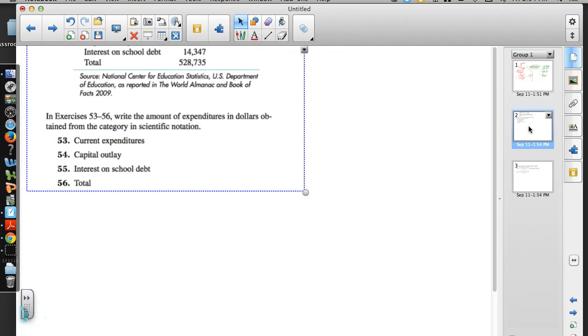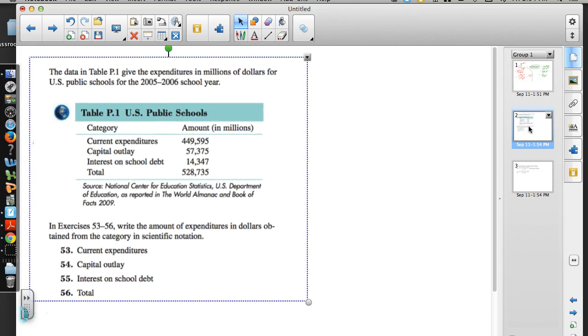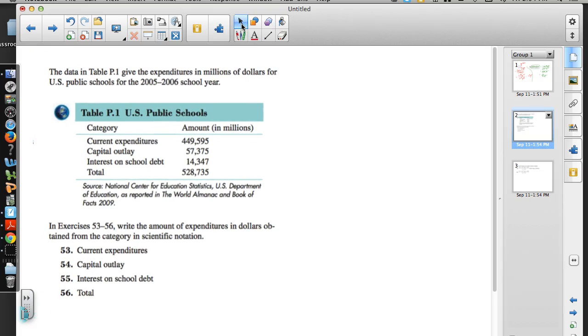Now, if you made a mistake on the problems that involve this table, I looked over this problem and I bet I see it right here. You didn't read the directions, because this had said in millions of dollars. That means we have some zeros that we need to add. So for number 54, the first one you asked for, that one was about capital outlay.